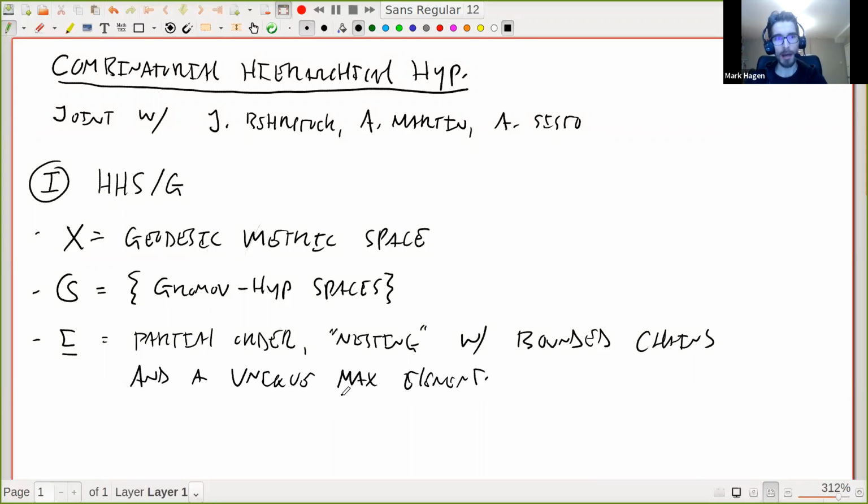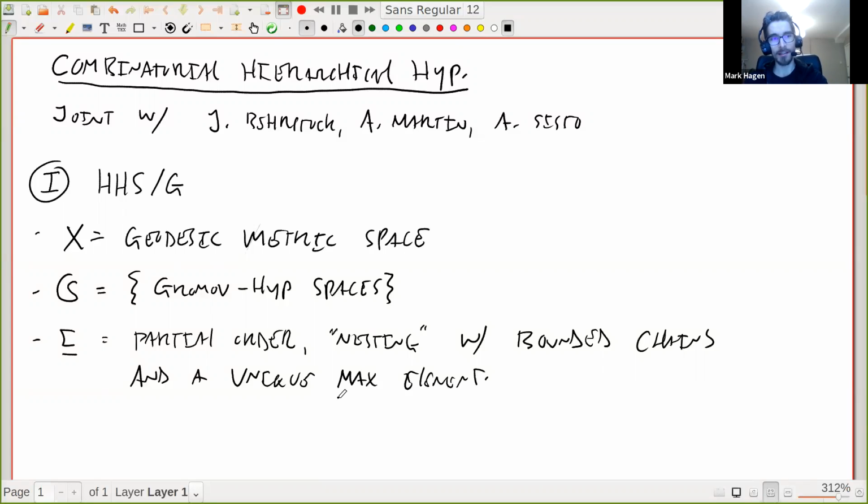So in the motivating example of the mapping class group, you've fixed a surface, an orientable finite type surface with finitely many punctures, and your set S is the set of all the subsurfaces of the surface. That means pi1-injective essential subsurfaces up to isotopy.